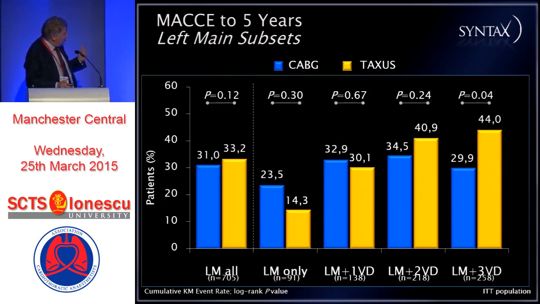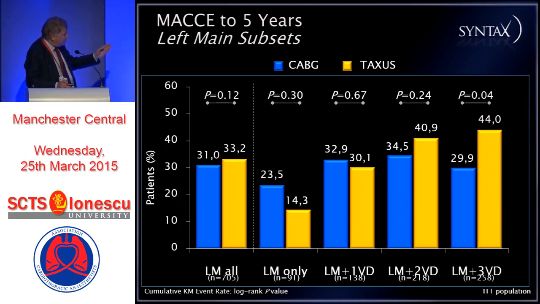Now, interestingly, there is a very large heterogeneity of left main disease in the SYNTAX trial. Look at patients having left main only, 1-vessel disease, 2-vessel disease, and 3-vessel disease in addition to left main.